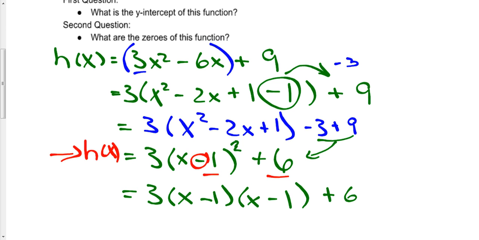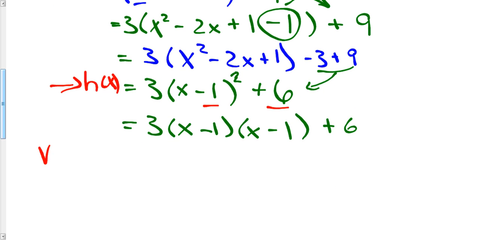So if it starts at 0, it goes right 1 on that positive 1, right? Not negative 1, positive 1. Okay. So my vertex is 1, 6.